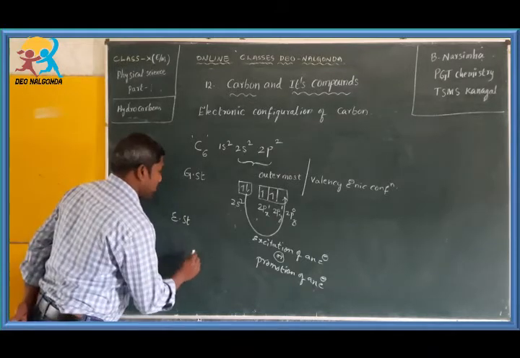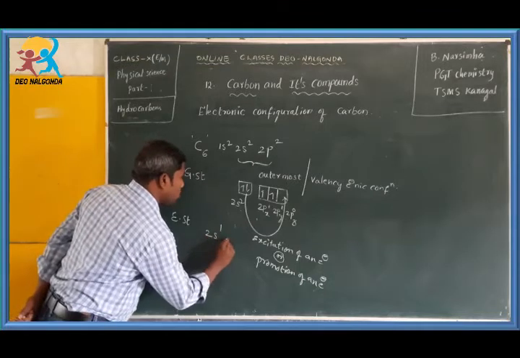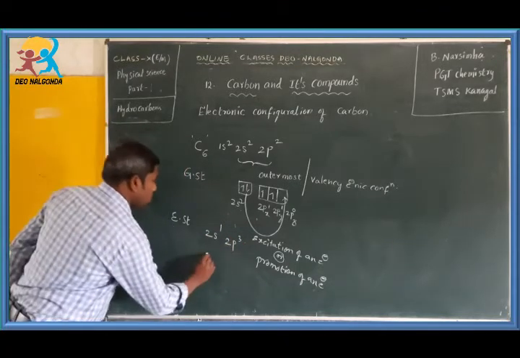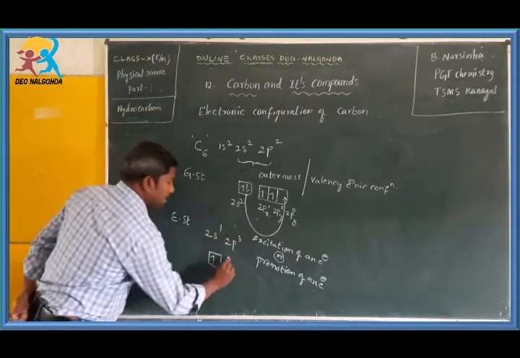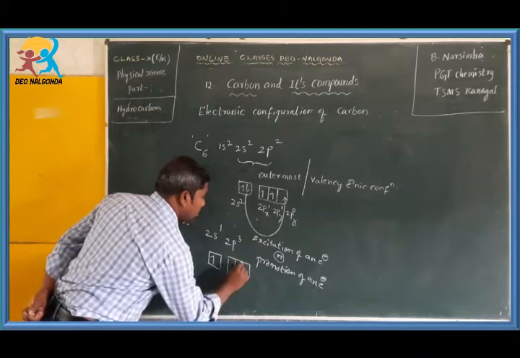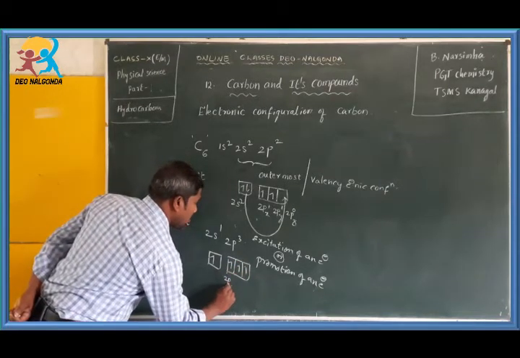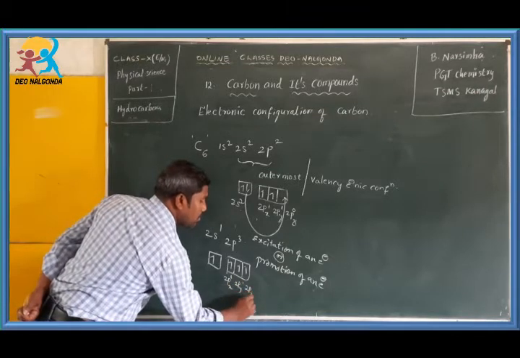The excited state electronic configuration is 2s1, 2p3. 2s contains 1 electron and 2p contains 3 single electrons: 2px1, 2py1, 2pz1.